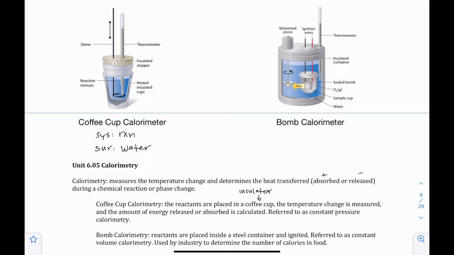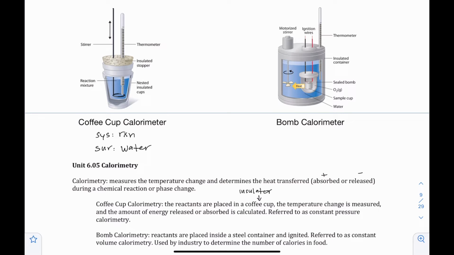On the right, we have a bomb calorimeter, and that's a little bit different. Our reactants are placed inside of a smaller container and ignited, and that's occurring within a larger calorimeter. This is usually used to calculate how many calories are in your food. We don't actually have a bomb calorimeter to do this, but one of your problems does talk about bomb calorimetry.